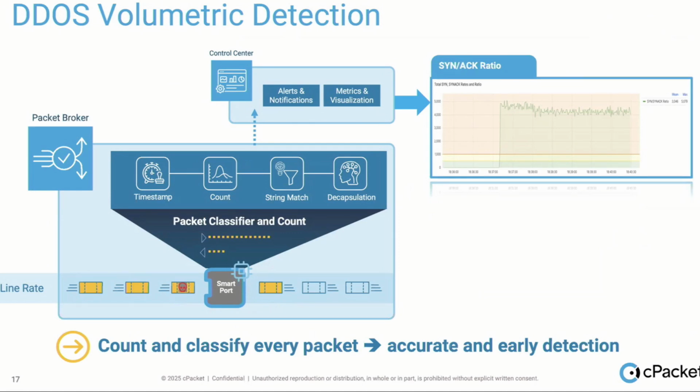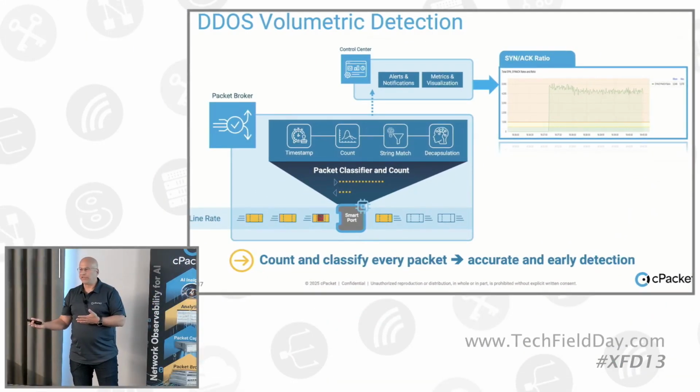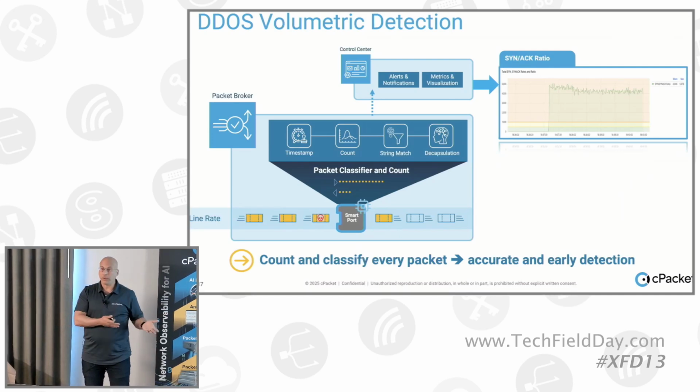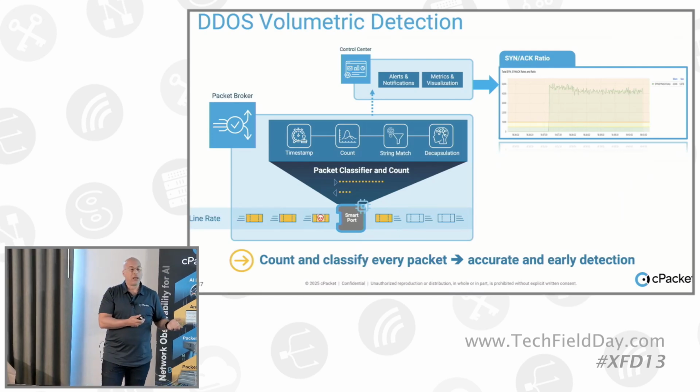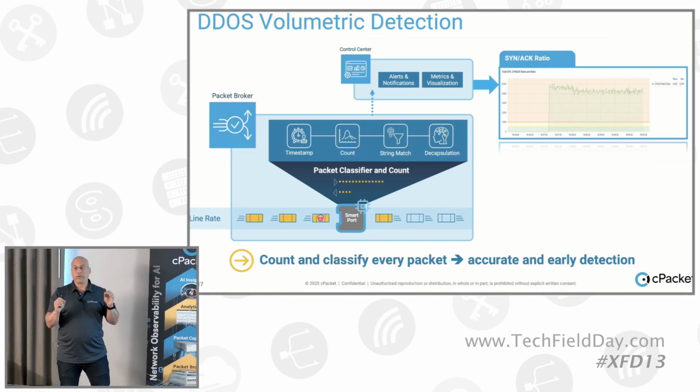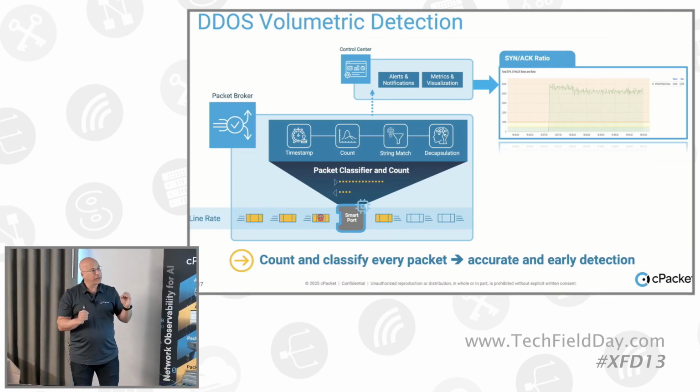A SYN-SYNACK attack is really about seeing the ratio of SYN packets getting much, much higher than SYNACK packets. With DNS amplification, you're going to see a lot of responses with no requests, and or fragments. So even without going very deep into the packets, we can very quickly know if you are under a denial of service attack of this type.